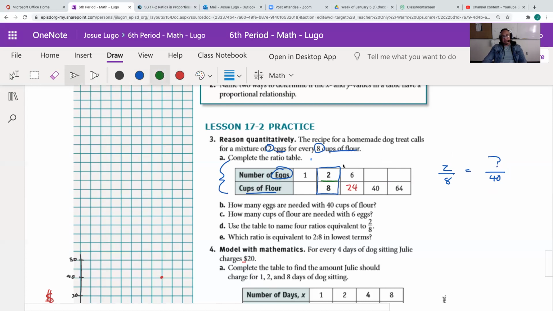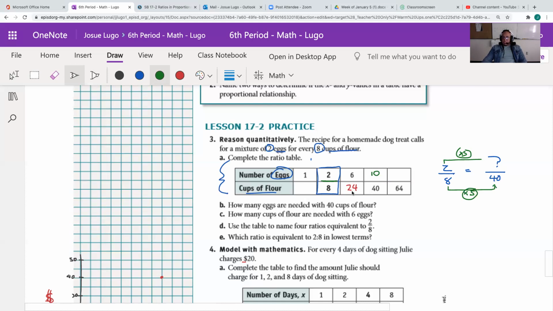We need to create an equivalent fraction with 2/8 that has a denominator of 40. So 8 times 5 is equal to 40. It's going to increase by a factor of 5, so I have to increase the numerator by a factor of 5 as well. 2 times 5 is equal to 10. These are now equivalent fractions. We're continuing with this proportional relationship.